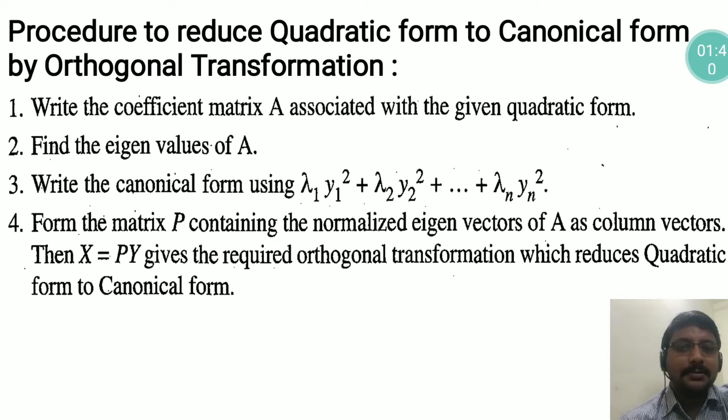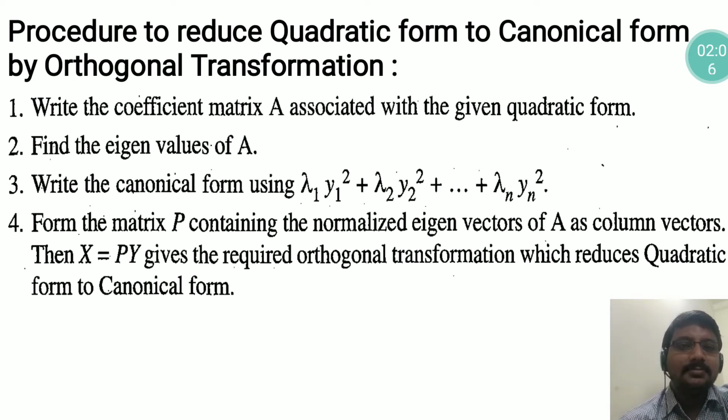In the last step, that is the fourth step, form the matrix P containing the normalized eigenvectors of capital A as column vectors. Then x equal to py gives the required orthogonal transformation which reduces the quadratic form to canonical form. So in the fourth step, we have to define x as py.